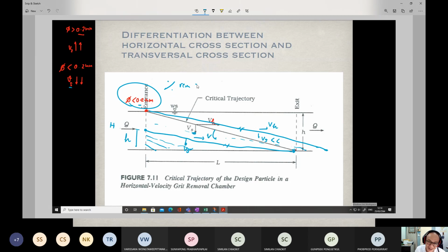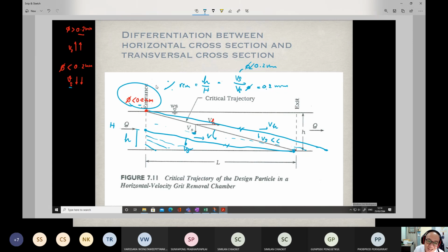So we can estimate a percentage of removal, which will be equal to the ratio between small h and the capital H. On the other hand, based on the similarity of the triangles, if you determine the settling velocities of the particles with the size smaller than 0.2 millimeters, and then compare with the settling velocity of the particles with the size 0.2 millimeters, you will get the ratio. And this ratio will also be equal to the percentage of removal of the particles.